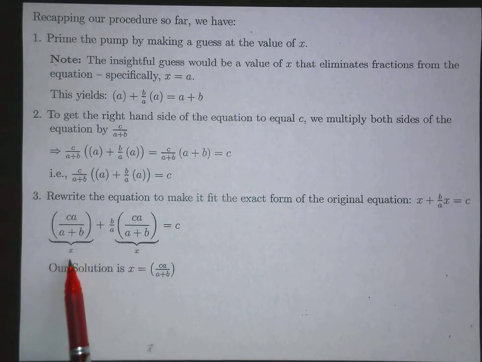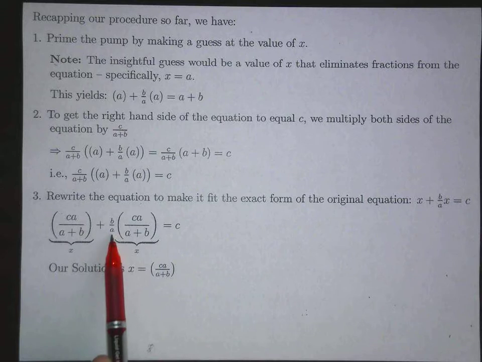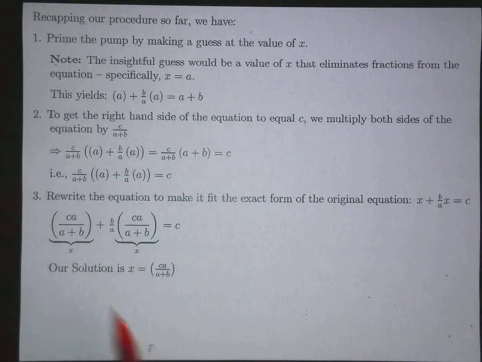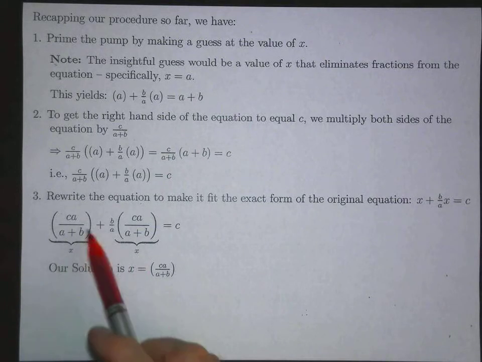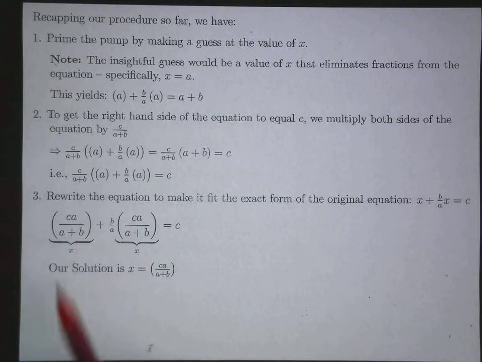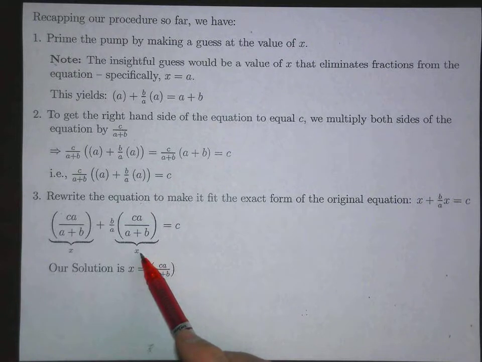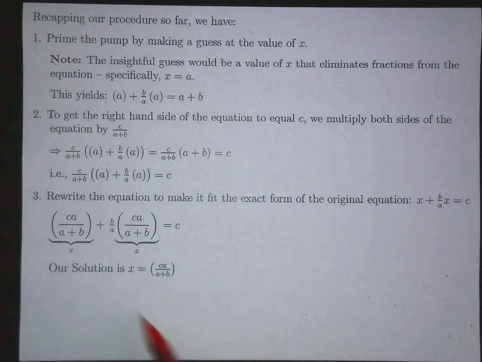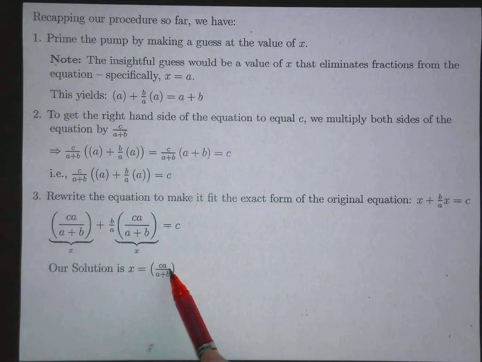And guess what? To find the solution, we just look in our equation where the x's should be. We have x equals c times a over a plus b. So the solution is x equals c times a over a plus b.